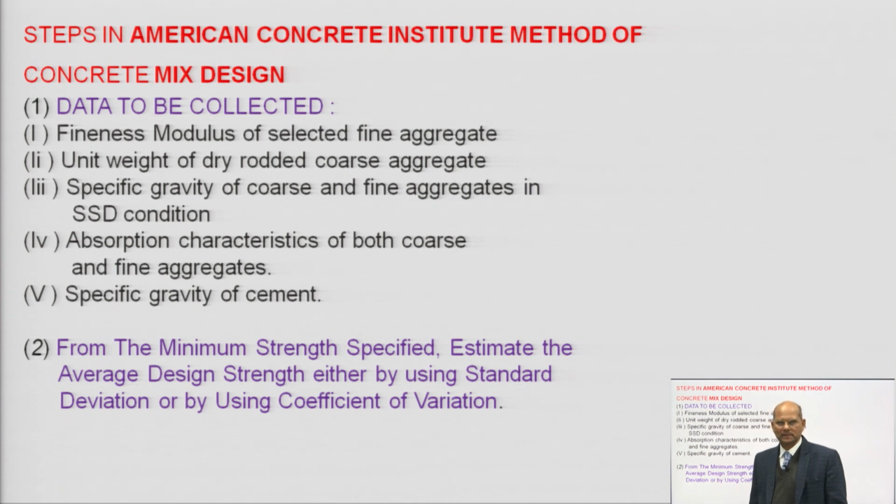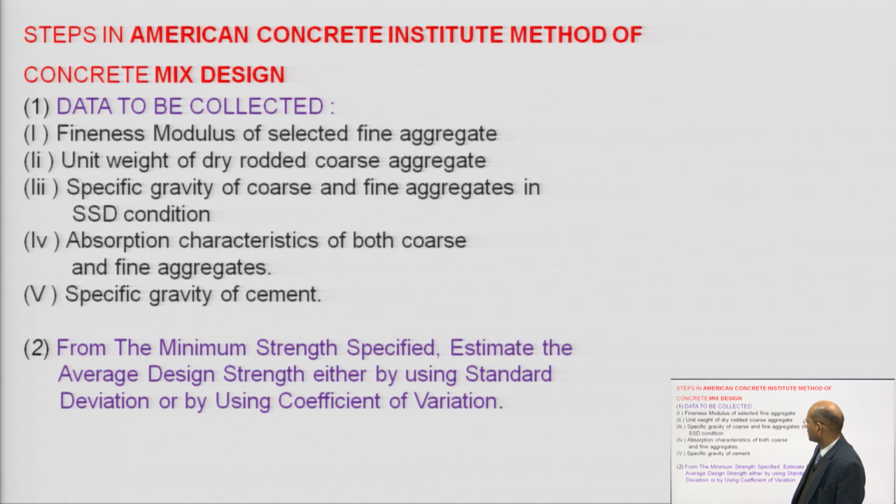Suppose RCC work is there, then we can select 20 mm downsize aggregate. If prestressed concrete is there, then we need high grade, high strength concrete, so using 12.5 mm downsize aggregate will be better.